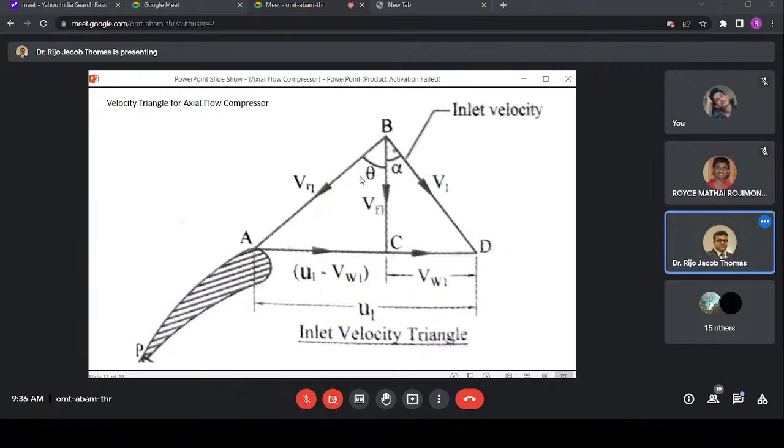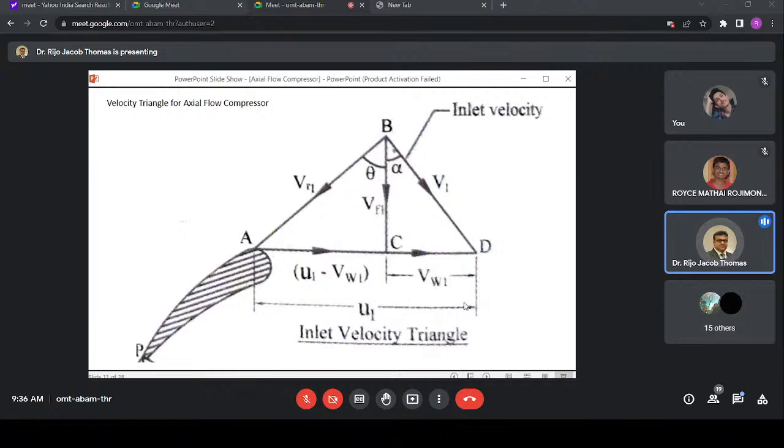Clear? I repeat, the air is coming with an angle alpha with the axis of the rotor. This is V1. And the tip of the blade at this side is moving with a velocity U1.